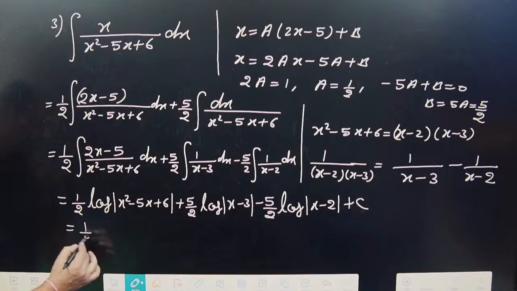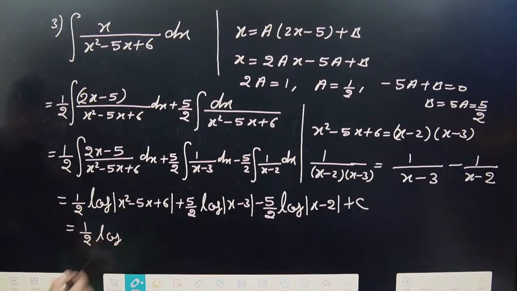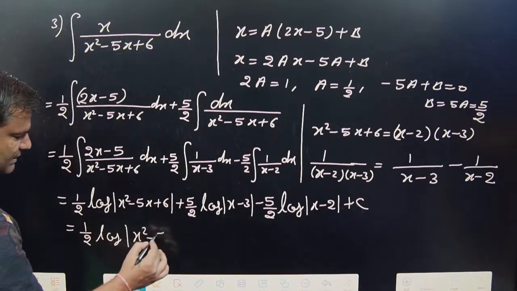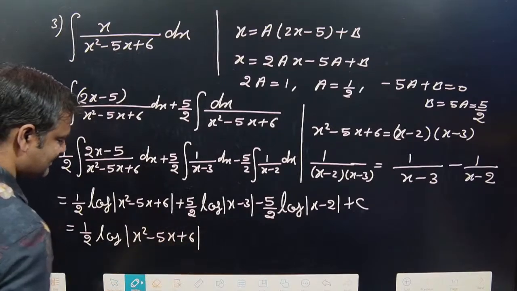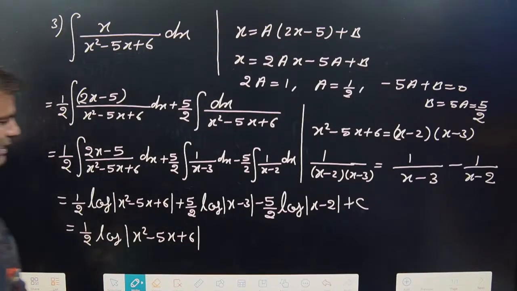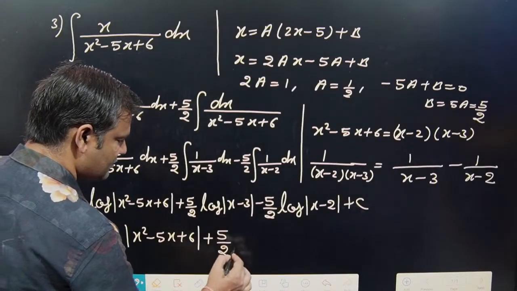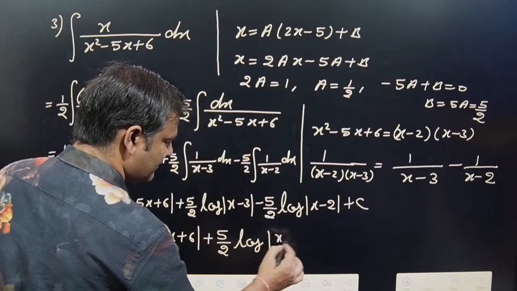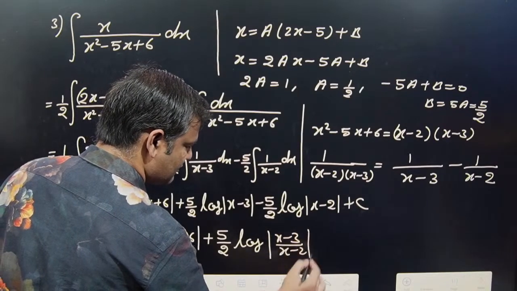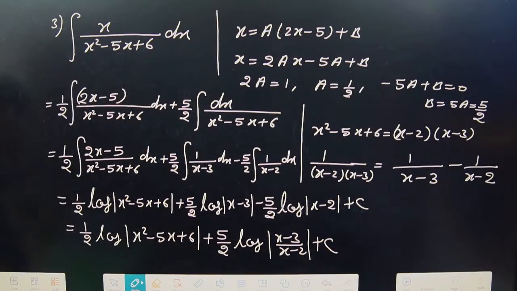After that, 1 by 2 into log of x square minus 5x plus 6, plus 5 by 2 into log of modulus of x minus 3 upon x minus 2, plus c. Okay, is that also clear?